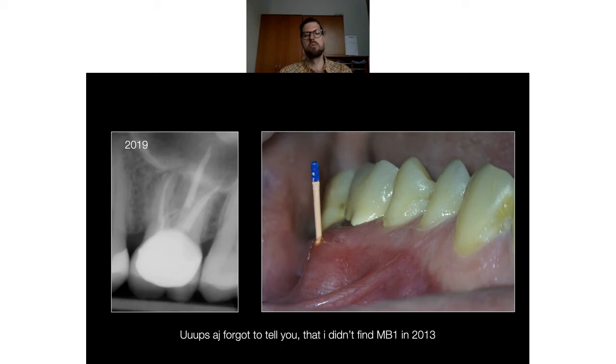So I was so big that I found the MB2, but I didn't find the MB1. As I said, 7 years ago, I didn't use CBCT. Why? I must say because it was a failure for myself. But I must say that at this time in Slovakia, it was not so often to use CBCT.